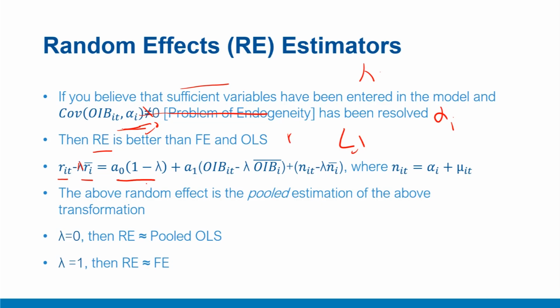You notice all the terms which are time invariant are not eliminated, but they are still there, like a naught into 1 minus lambda, a1 into this, and eta it minus lambda times eta I bar, where eta it is equal to alpha I plus mu it. Now this is what we call the random effect system, and this system is estimated with pooled estimation.